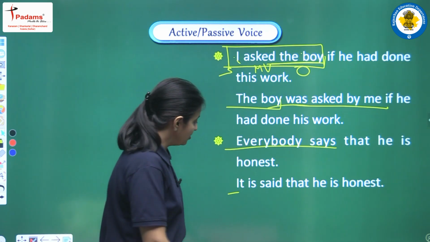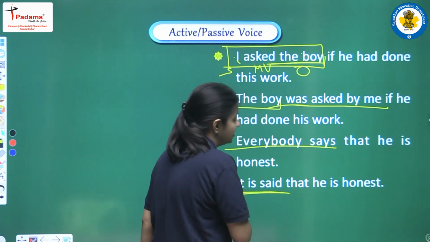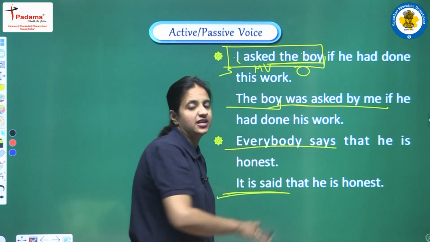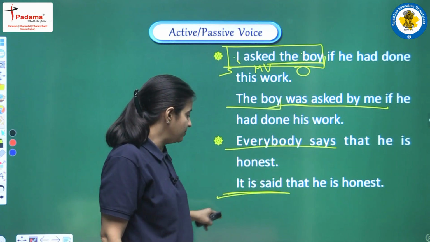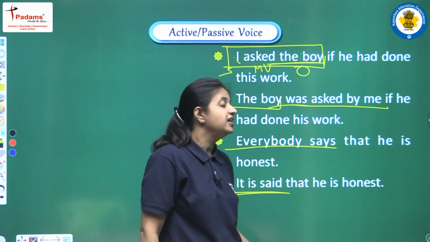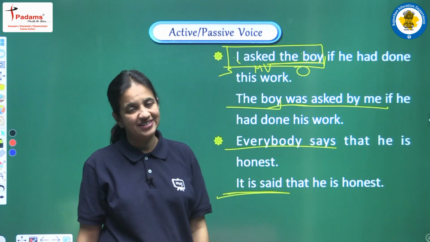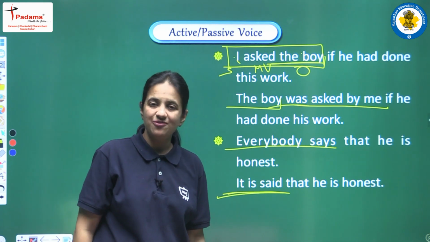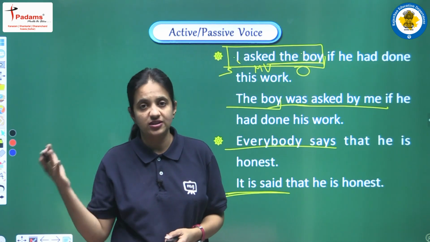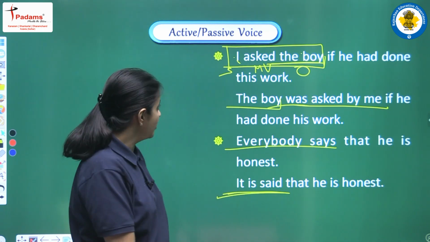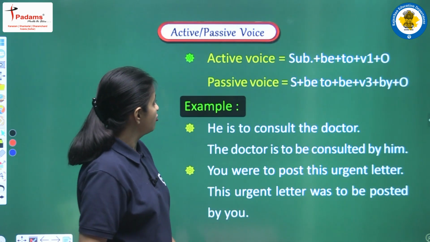So passive voice, it will be it is said, and then we have to write the same subordinate clause that we are having here. So the complete sentence will be, it is said that he is honest. Okay, so in this way we have to convert any sentence in which we are having two clauses into passive voice. Next, let's see what we are having.